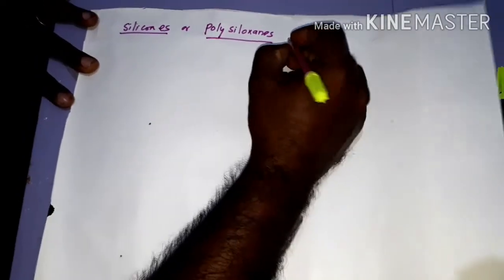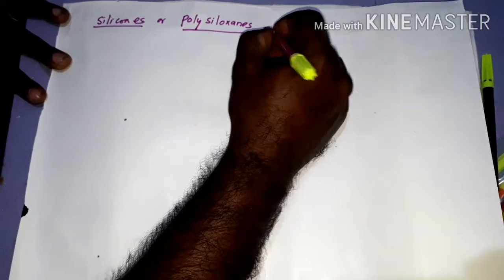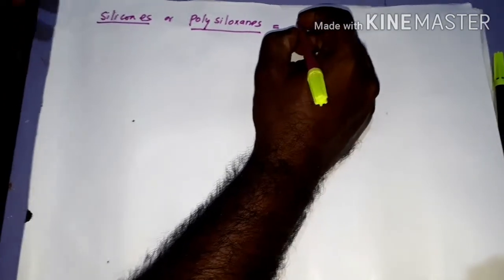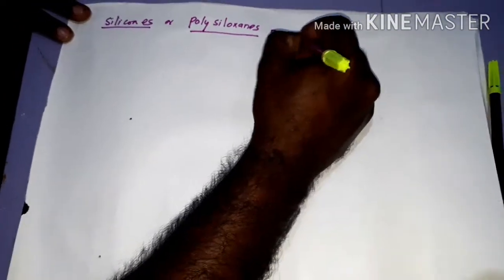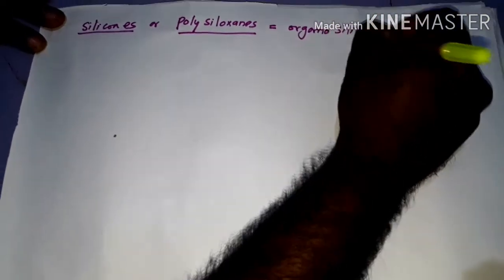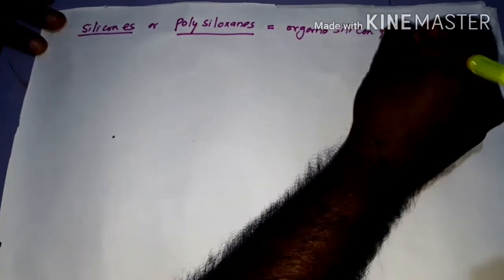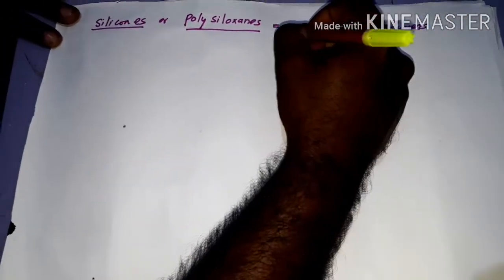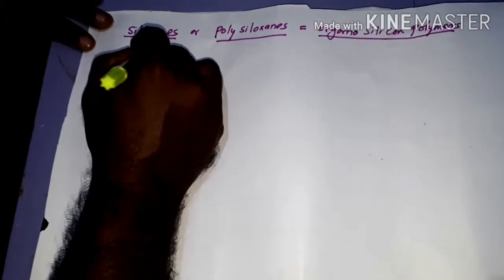Silicones, or polysiloxanes, are actually silicon polymers. They contain organic groups. The general empirical formula of these silicones is R2SiO.